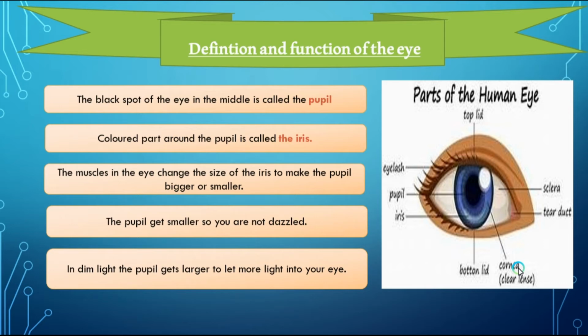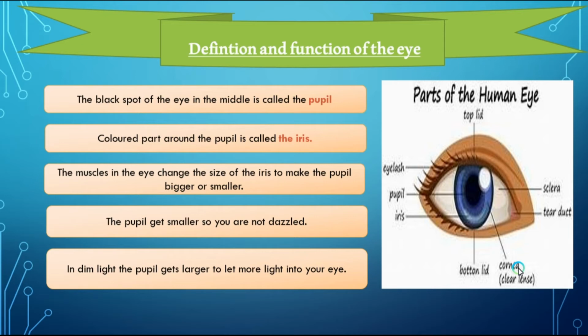So if there is no light in your room, for example in your bedroom, we switch off the light and go to bed to sleep. The room will be dark, there is no light. In this case, the pupil will be larger to get more light in your eyes, to see the blanket, to see the different things around you.